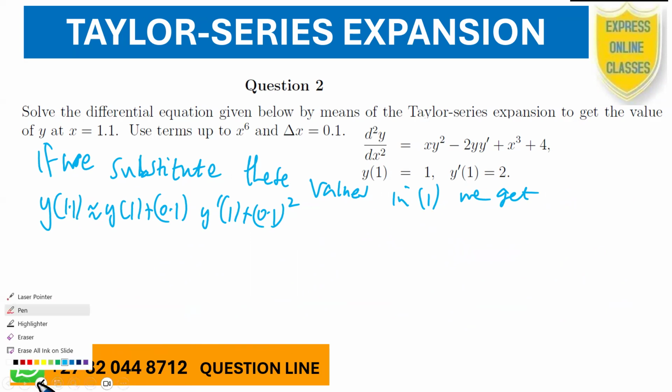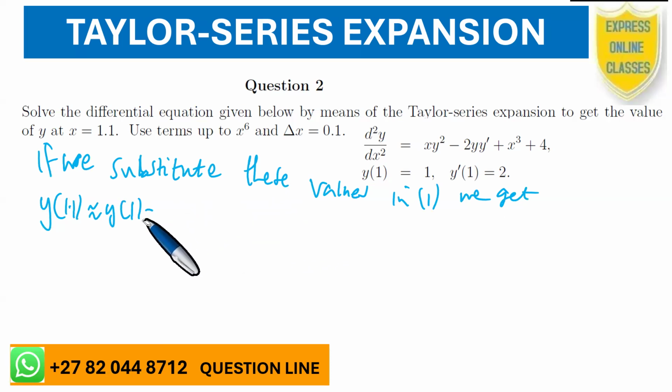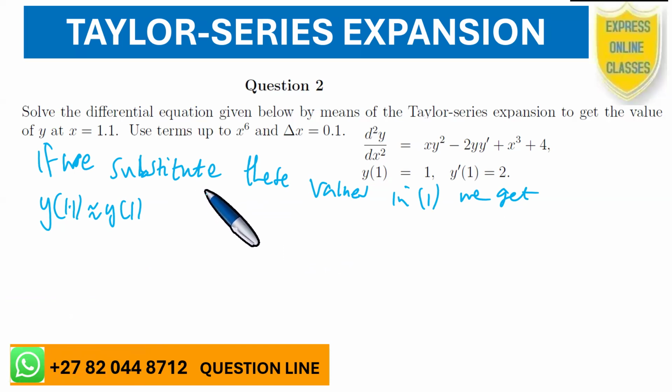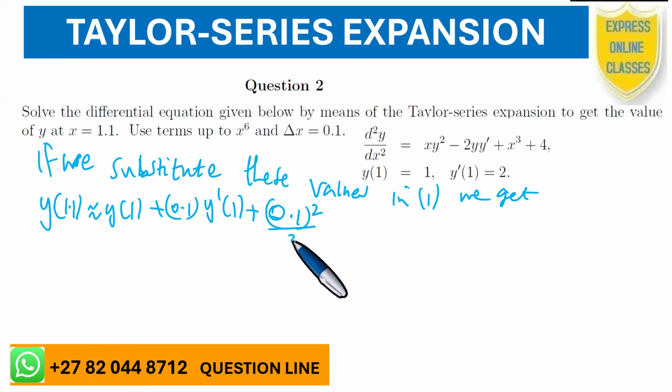But this 0.1, let me write it clearly here. We got this one before, but remember it's going to be y of 1, and then plus 0.1, and then y primed at 1. We got this one from the Taylor formula, the original formula I wrote in the beginning. So is this one divided by 2, you can put 2 factorial.